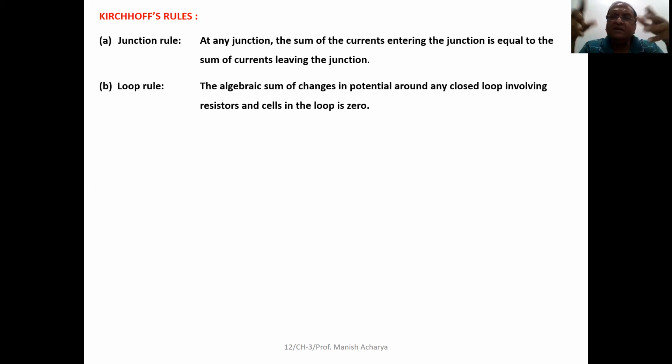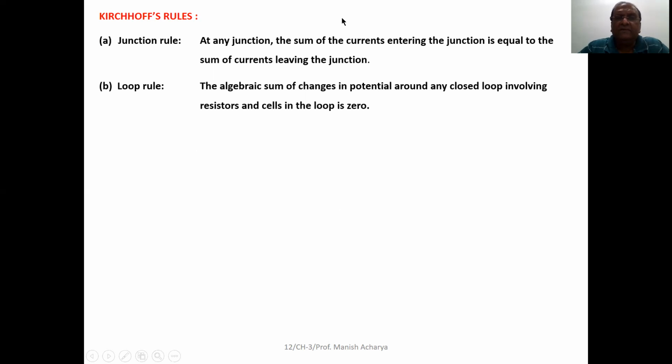So here the current is constituted due to the flow of charges. So this same junction rule we can represent like this: the total amount of charge entering the junction is equal to the total amount of charge leaving the junction per unit time. So this one is the consequence of the law of conservation of electric charge.